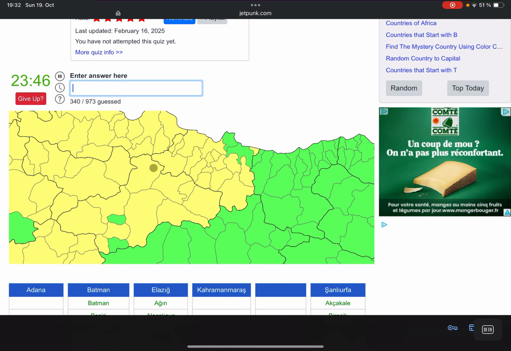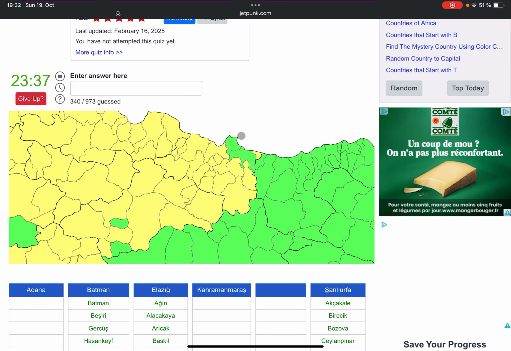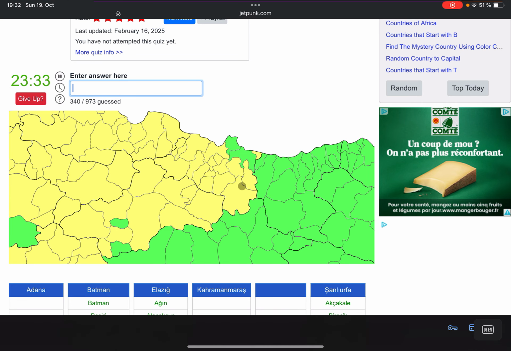But that's why learning the districts of Turkey was quite a pleasurable task, because you just have these names that are so nice. For a lot of them you can just remember what they mean, and then they stick in your head easier.